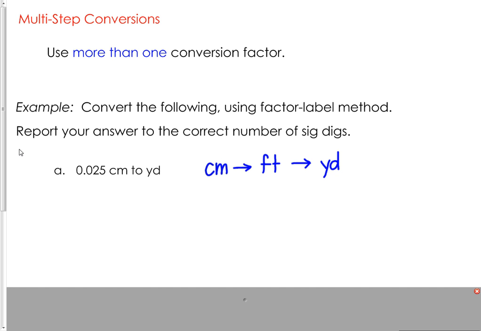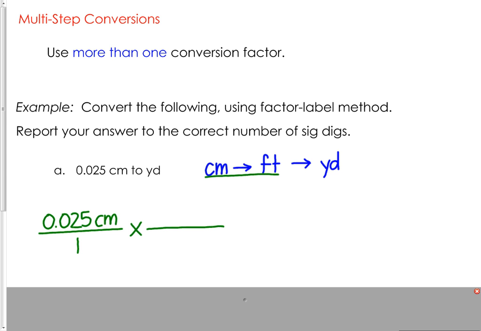Now you're going to start the same way you did the previous problem. Start by writing down the given, 0.025 centimeters. It always helps to put that number over 1 so that you can clearly see the top of the fraction and the bottom of the fraction. Next, multiply by a conversion factor. In this conversion factor, we're focused on changing centimeters to feet.